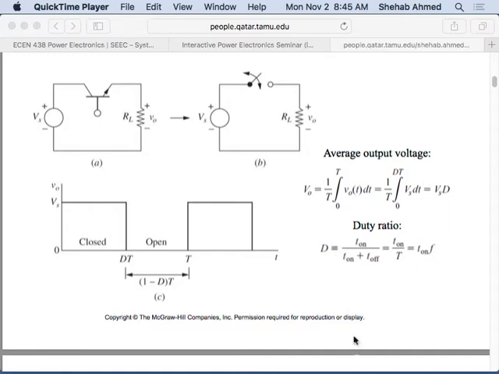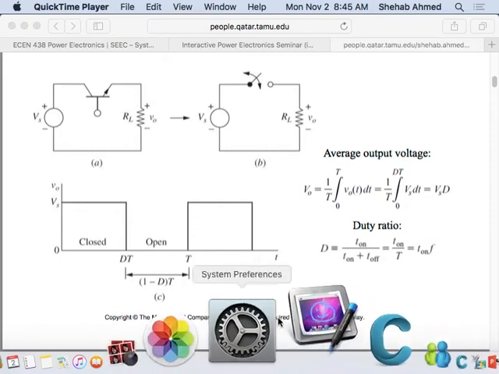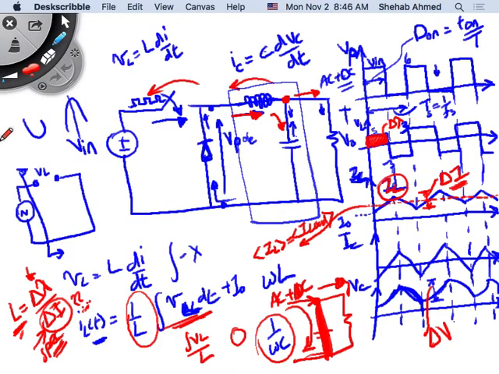If I change the switching frequency, what effect does that have on my ripple current? This red area becomes small, so delta lambda becomes small. For the same value of inductance, my delta I will become small. Delta I is what I'm trying to figure out. L is the same and delta lambda becomes small.